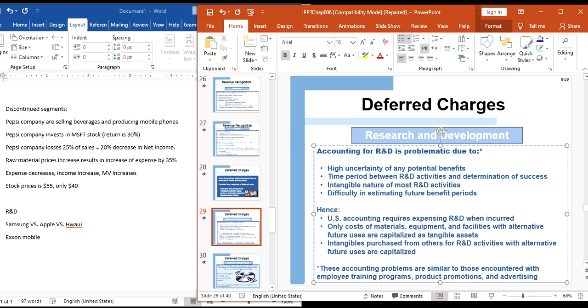So only costs of materials, equipment, and facilities with alternative future uses are capitalized as tangible assets. Okay, so any equipment, laboratory, for example, computers, whatever they are using, those go under the category of tangible assets. So these are not expenses anyway. Intangibles purchased from others for R&D activity with alternative future uses are capitalized as well.